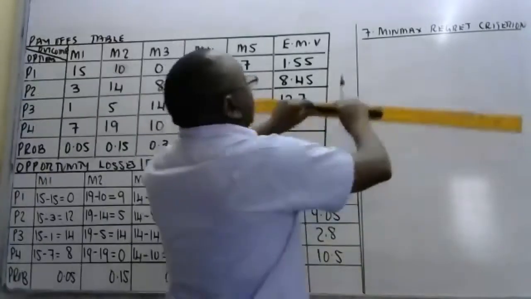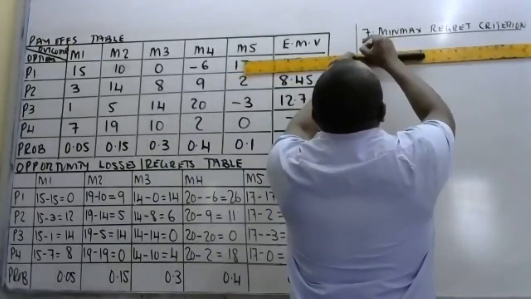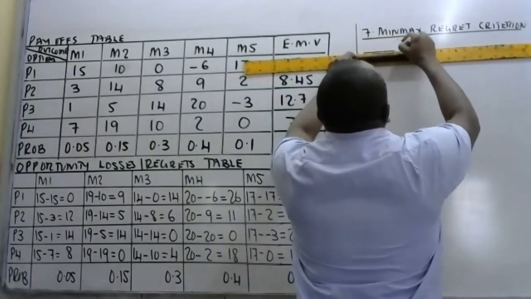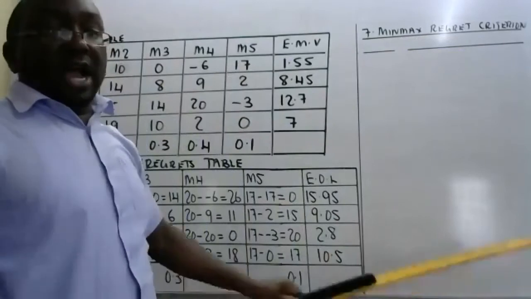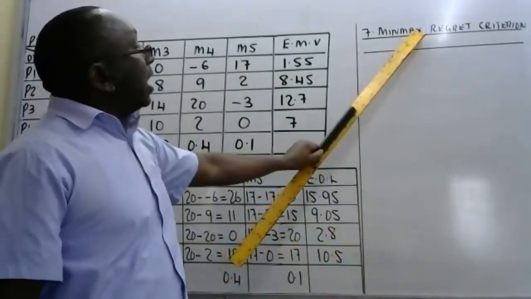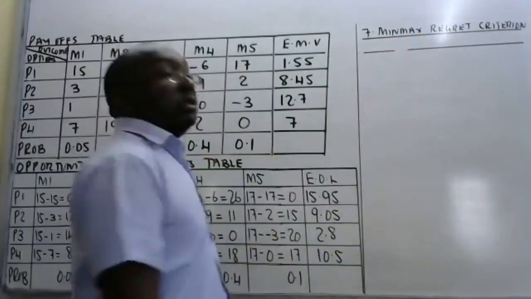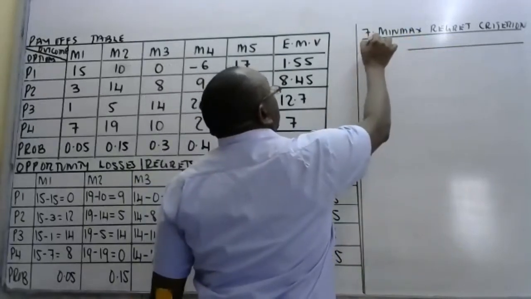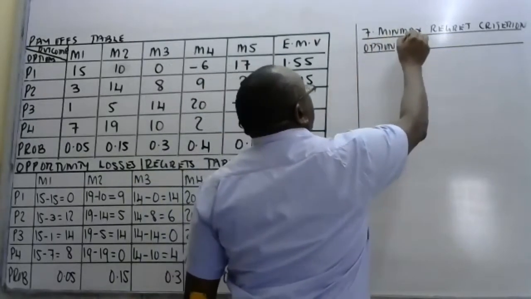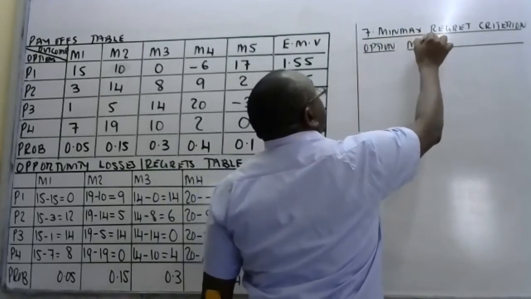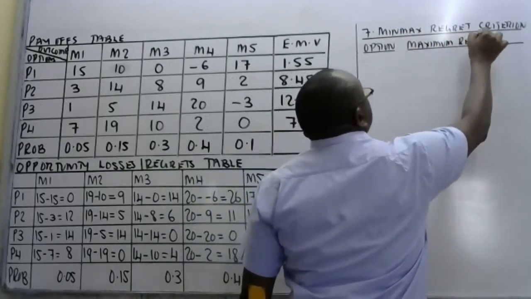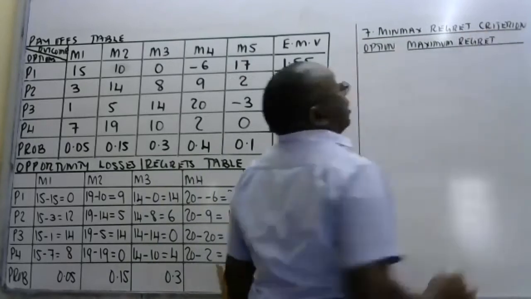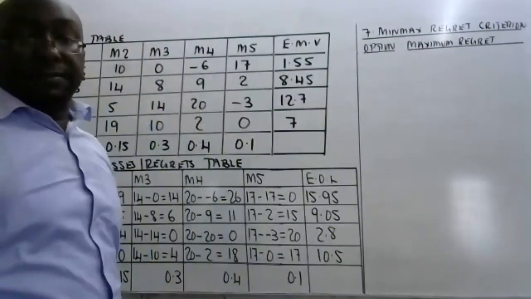So this one, just like I told you with the others, you look at the last one here. The last one is max. So we are going to have the option here, and then we extract the maximum regret.